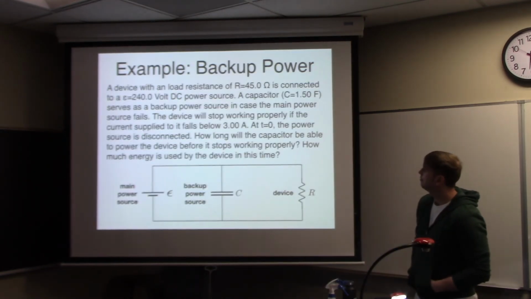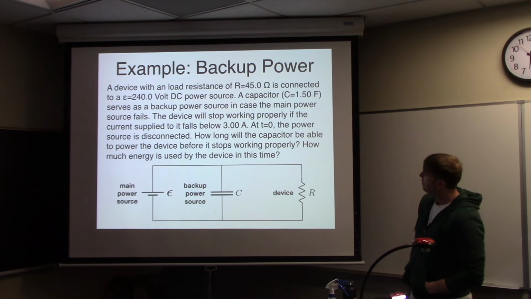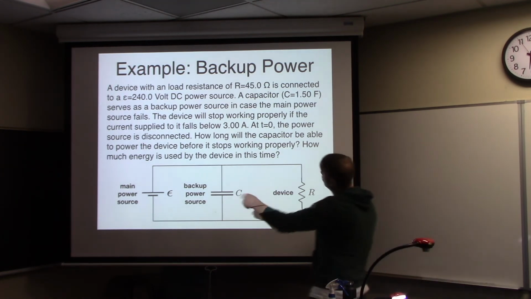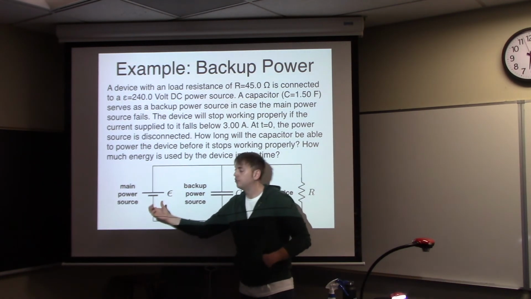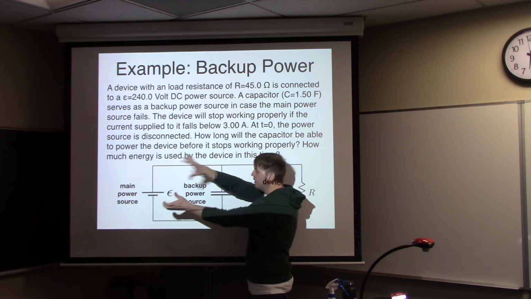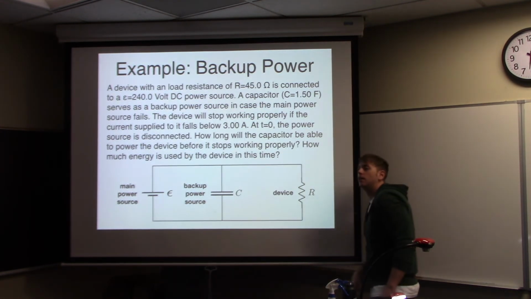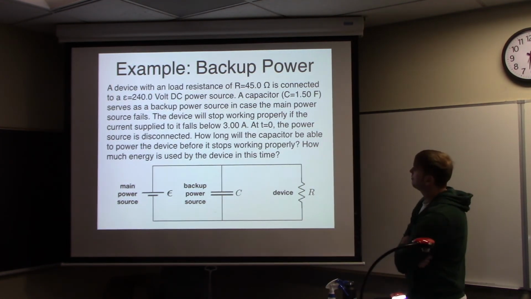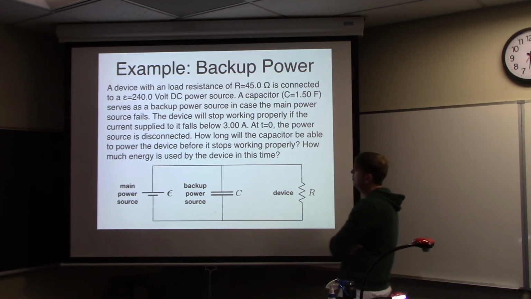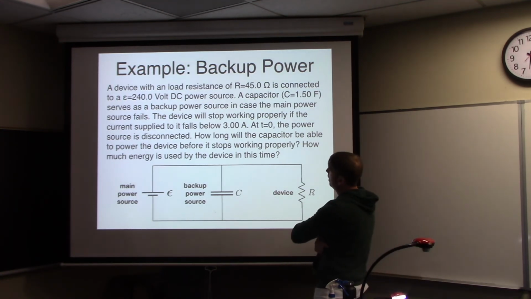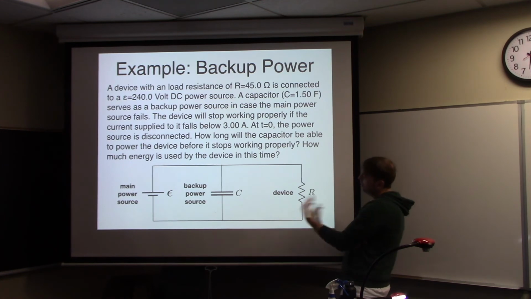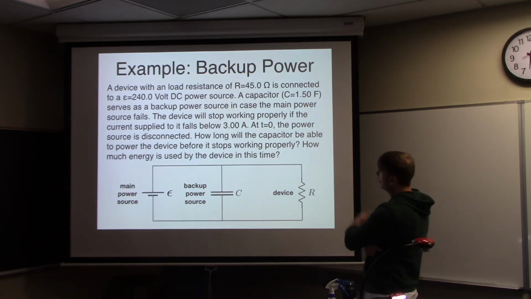Okay, so at t equals 0, the main power source is disconnected. Literally, just imagine taking this out of the circuit and it's disconnected. So what's going to happen? The capacitor is now our backup power source, and it's going to begin to supply current to our device.